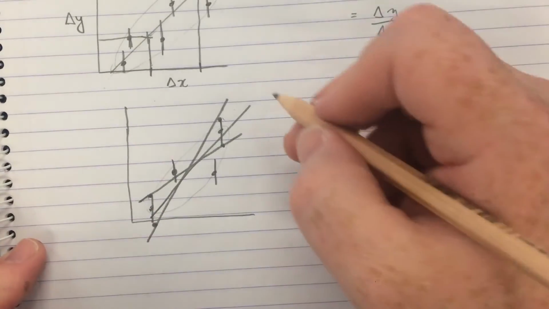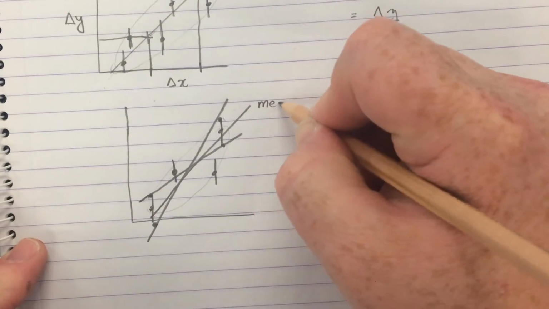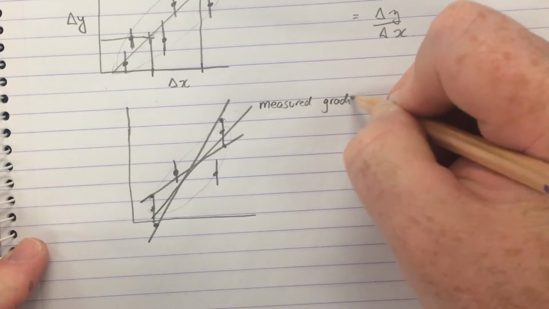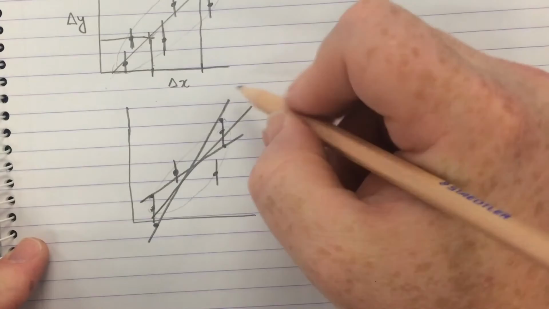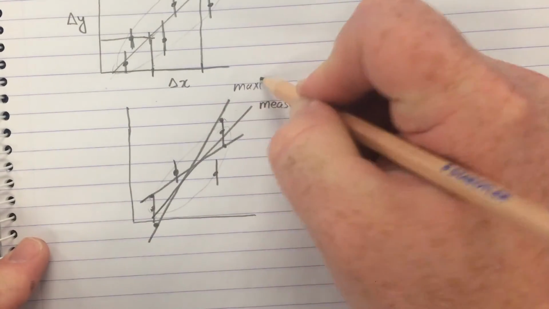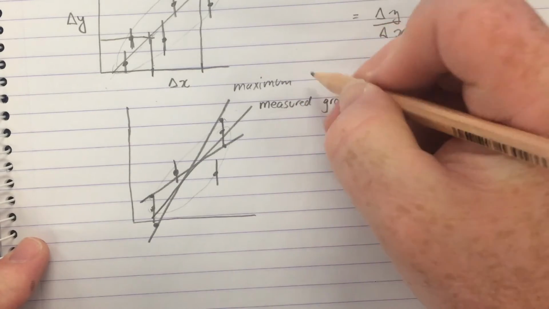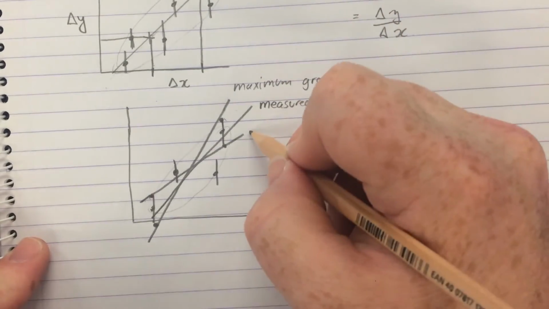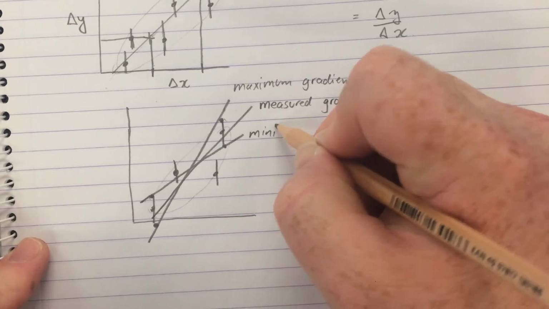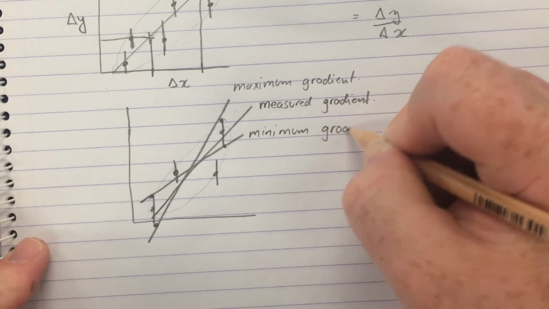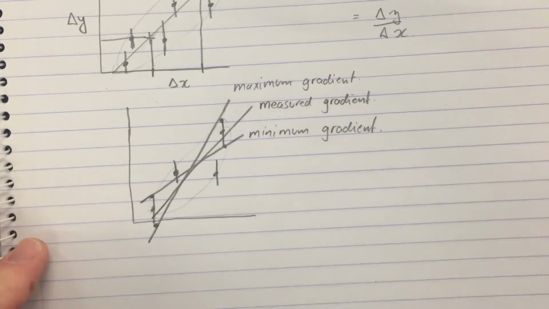So now we've got three lines. This is our measured gradient. This is our line that has the maximum gradient. And this is the minimum gradient.